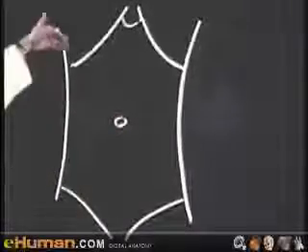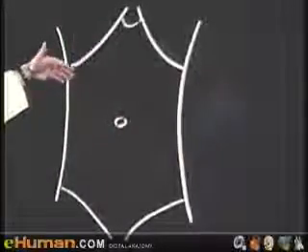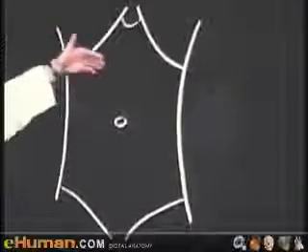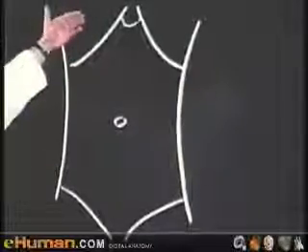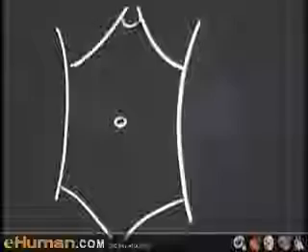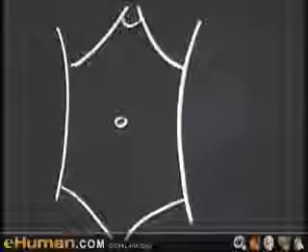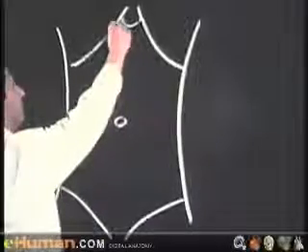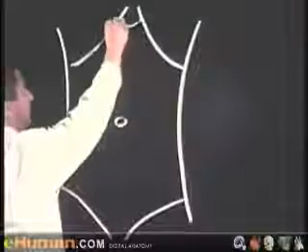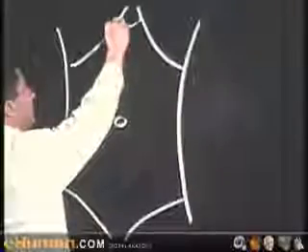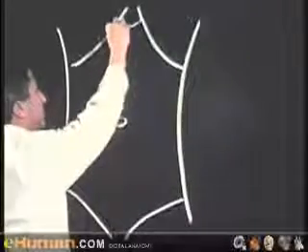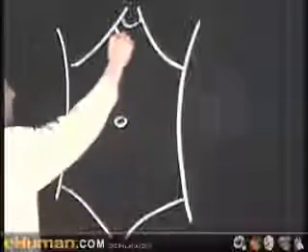And supplying the whole sandwich are the intercostal muscles and intercostal nerves as they come round and leave the thoracic wall and come into the abdominal wall. Now I'm going to indicate the position of the first intercostal nerve coming round. This is the anterior ramus of the 7th thoracic nerve.